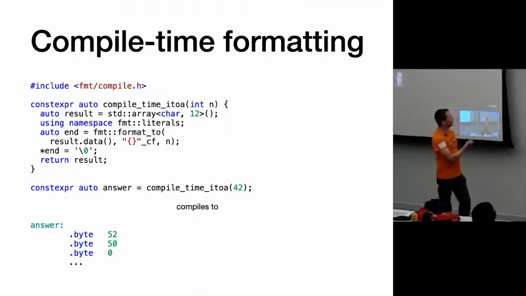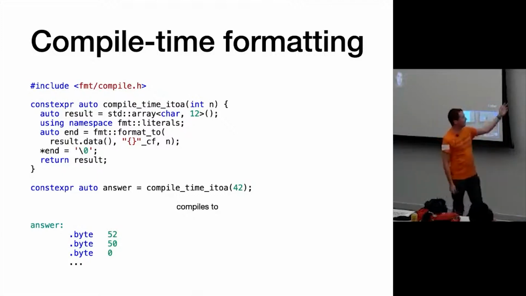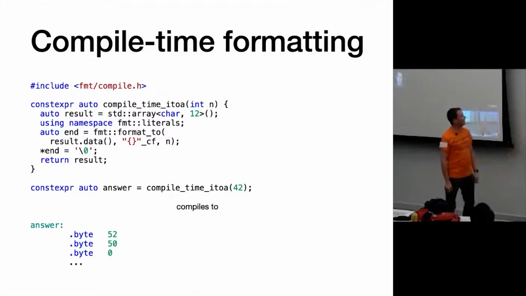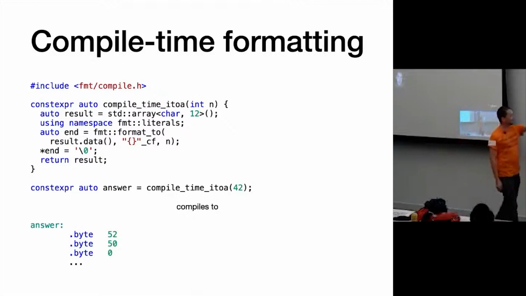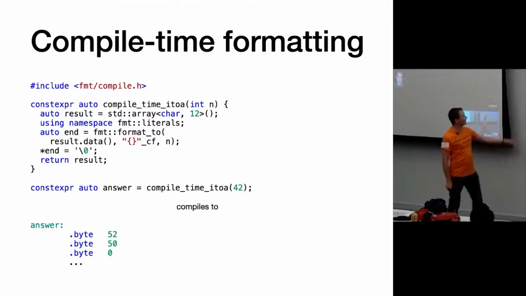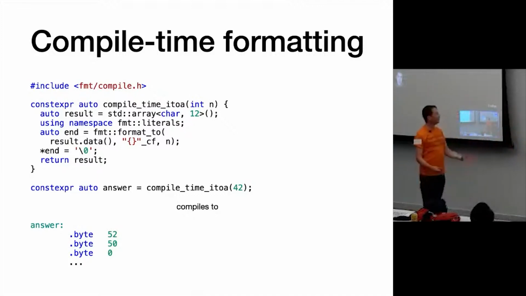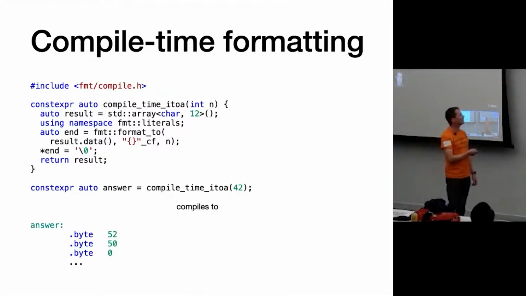We can just use const where we take our format string compilation thing from the previous part and do everything at compile time. Store the result in an array, and it works, and it just gives you the 3 bytes. So nothing runs. Everything is static data in the result.